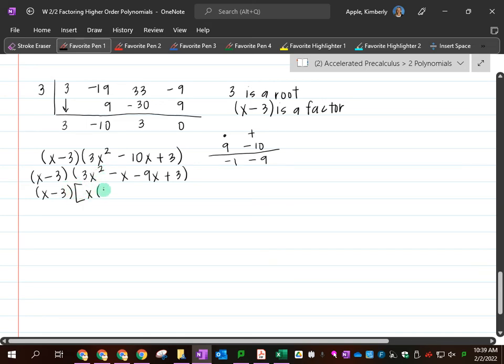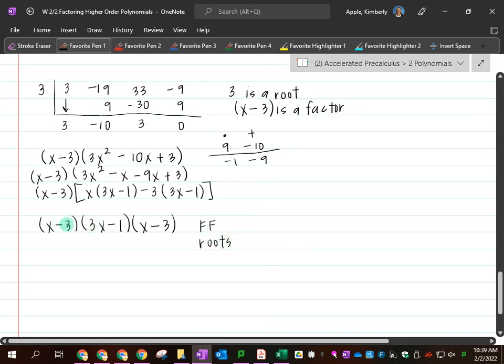This will be x, so I'll be left with 3x minus 1. I'm going to pull out a negative 3 here, so I'm left with 3x minus 1. So the first factor is x minus 3. Second factor, 3x minus 1. Third factor, x minus 3. I can't do anything else with this. They're all as factored as they're going to get, so that's my factored form.